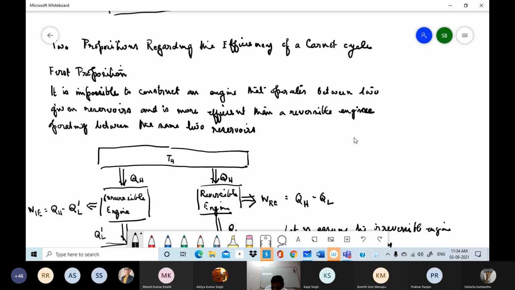So the efficiency of the reversible engine sets an upper limit to the efficiency of a device which works in a cycle and operates between those two temperature reservoirs. So that serves as the upper limit to the efficiency of such a device which works in a cycle between these two reservoirs.